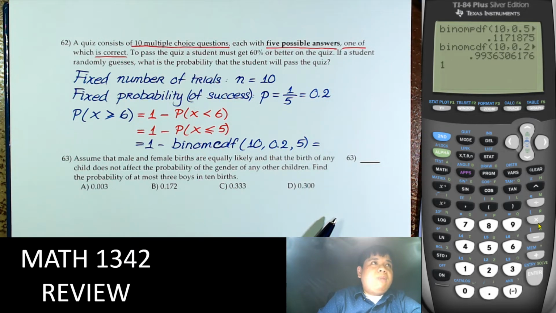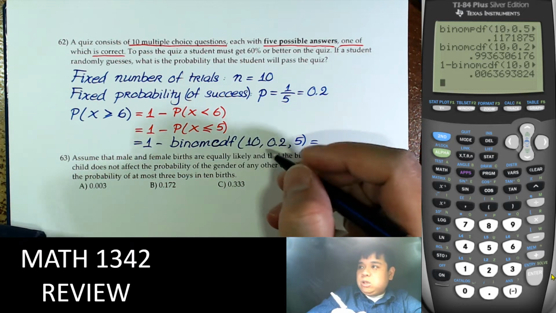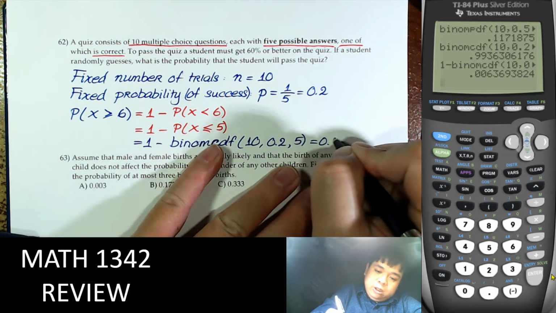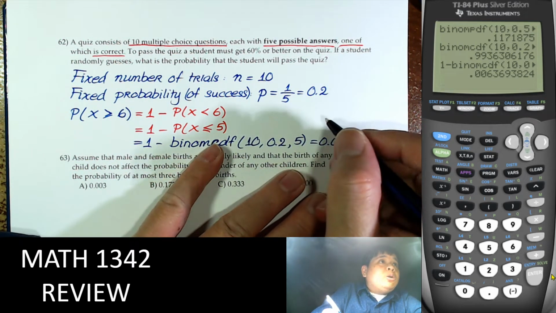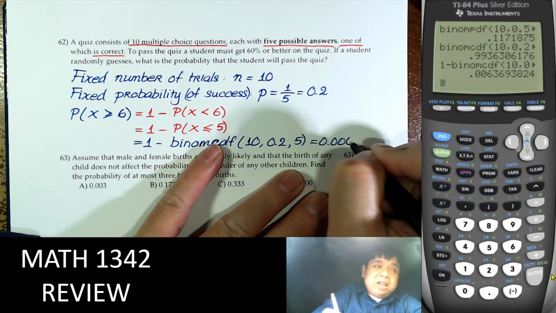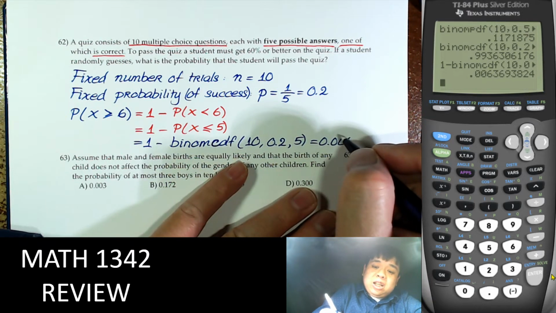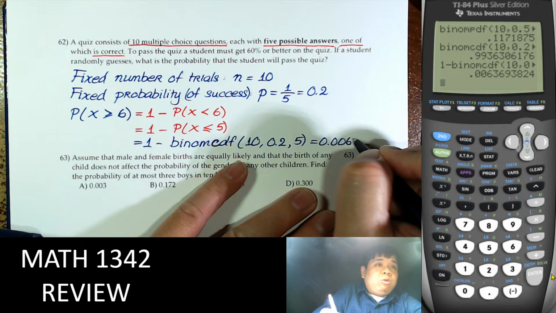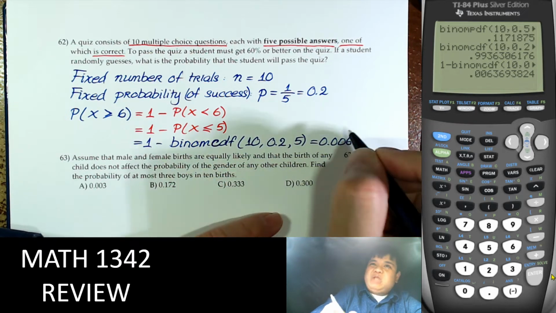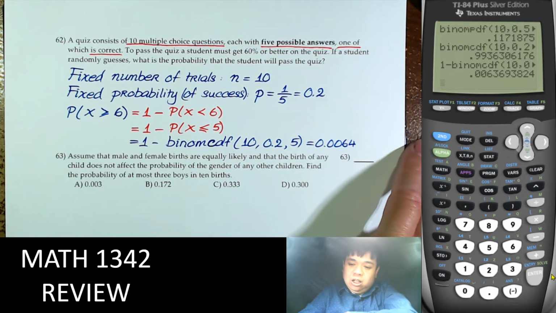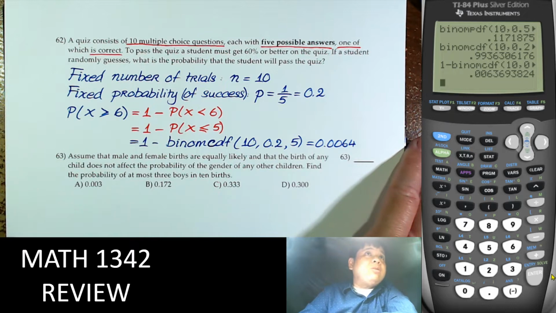I will take 1 minus that. I have 0.0062. So the chance to pass by guessing here is 0.64%. So of course it's really small. Right, so I have that one.